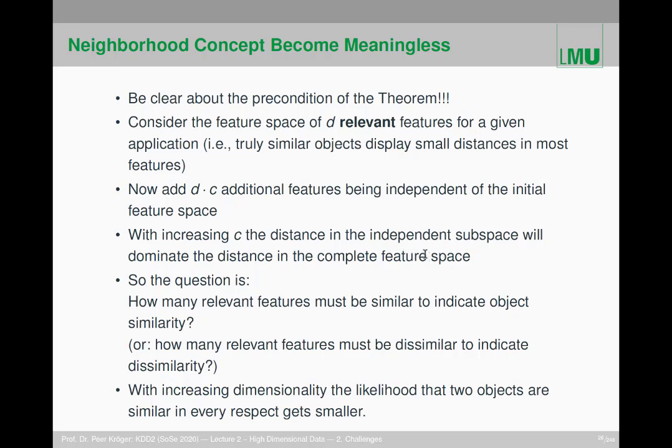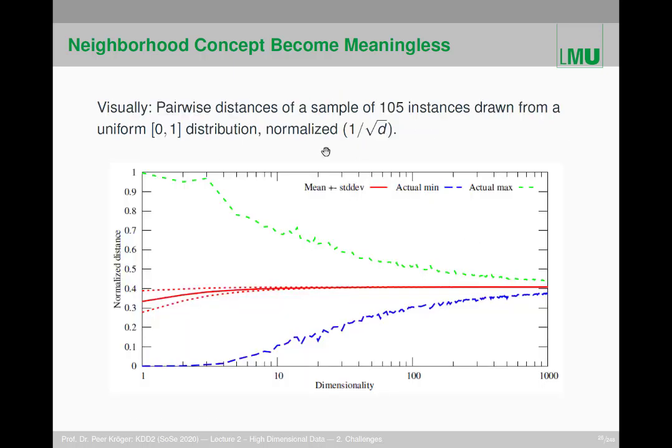So if I increase c, the bad influence of these independent and irrelevant features will become more and more apparent. The bad influence means we get more and more distance concentration, and the neighborhoods will be more and more unstable.